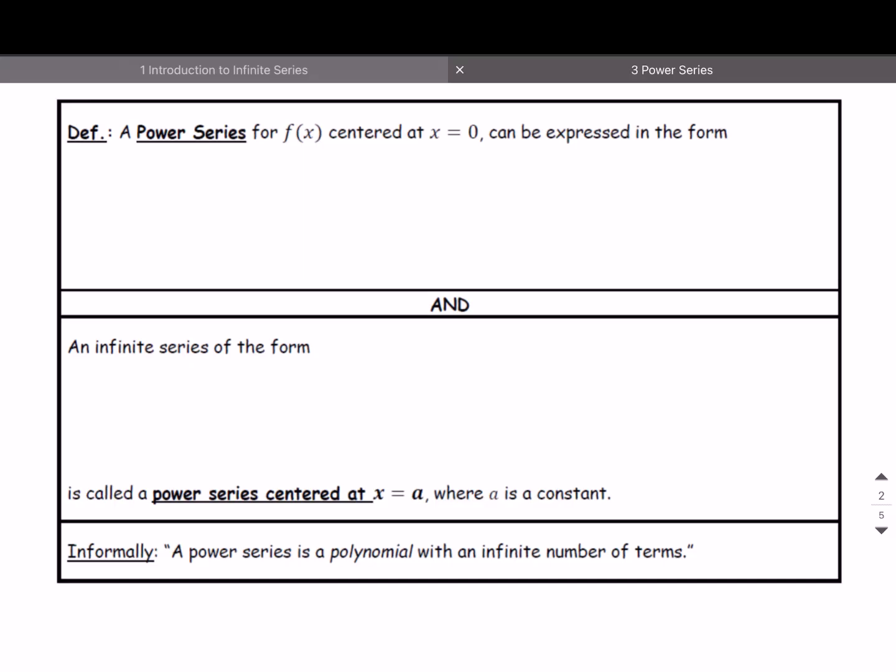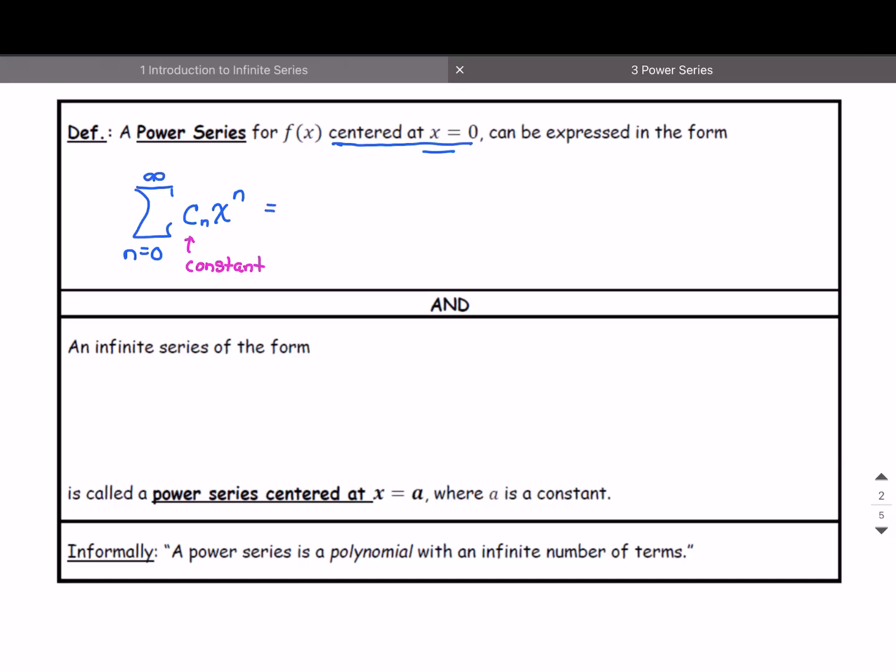Now, that brings us to our definition of a power series. A power series for f of x centered at x equals 0 can be expressed in the form, the summation as n goes from 0 to infinity of c sub n x raised to the n. Now this c sub n, that's just a constant, any constants, okay?